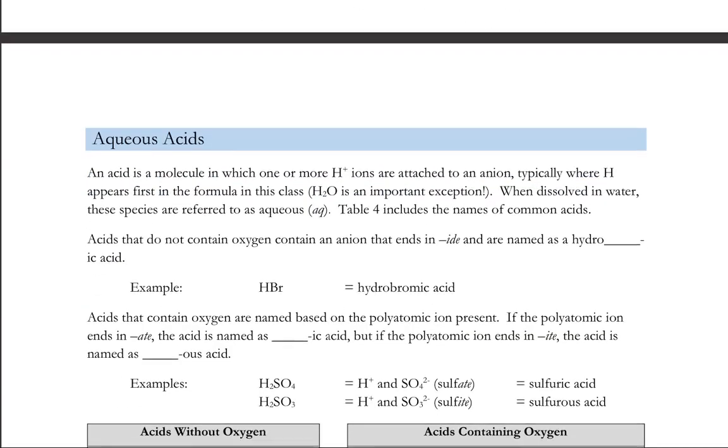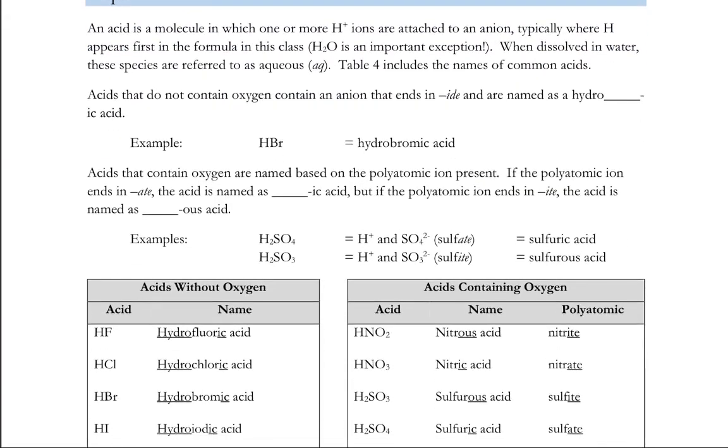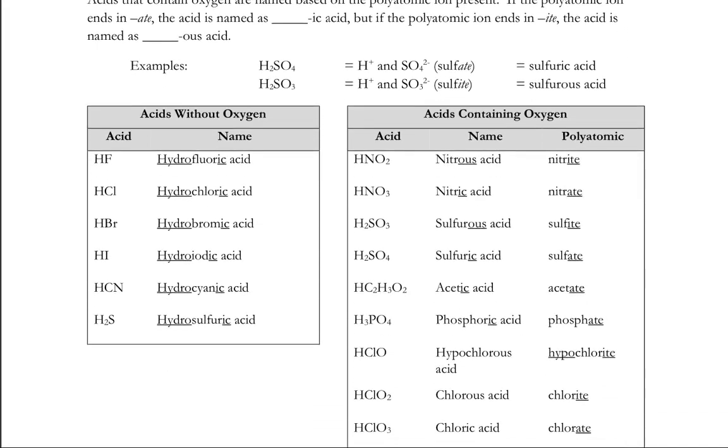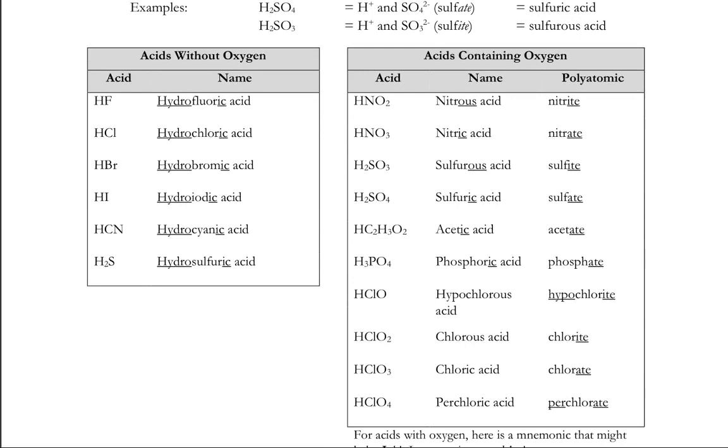For the acids, we have the acids without oxygen and we have the acids containing oxygen. Now remember that acids contain H plus combined with some kind of an anion. Okay, so if they have no oxygen, then we have hydro in the front.